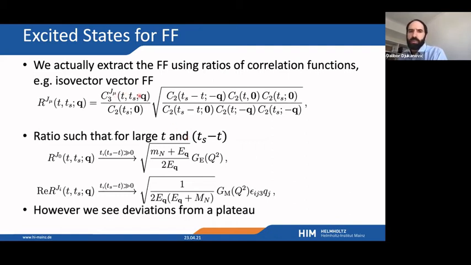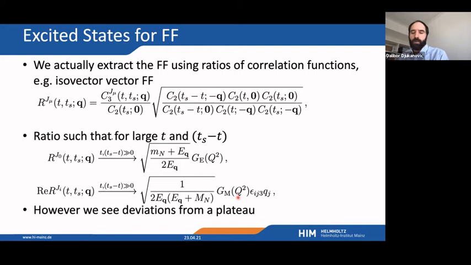And we construct these ratios in such a way that for large Euclidean time separations from the source or from the sink, where you destroy your nucleon, these ratios are proportional to the sought after ground state matrix element. So this ratio here, in the limit of large time separations from the source or the sink, is just proportional to the ground state matrix element that we're interested in. So it's proportional to GE in this case, or GM.